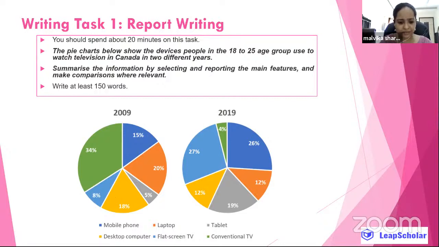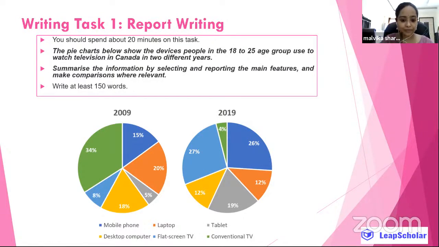So conventional TV was there, 34%, okay, and then old devices. So people are moving away now. If you see in 2009, it was 34% for conventional TV. But 2019 is having only 4% people using conventional TV. Got my point? They have moved to more modern devices like laptops and other things.